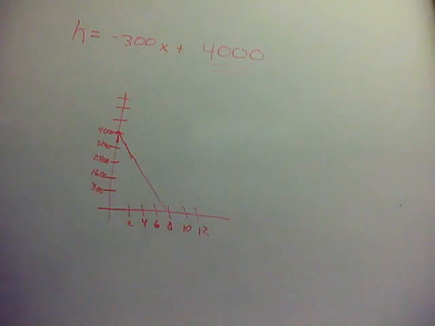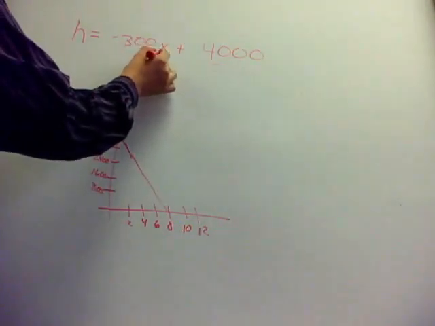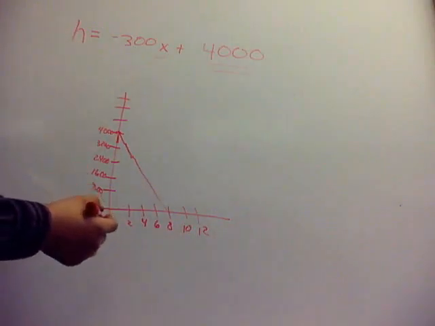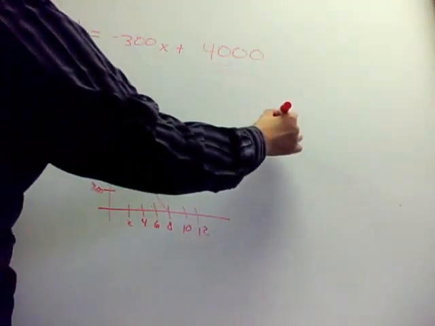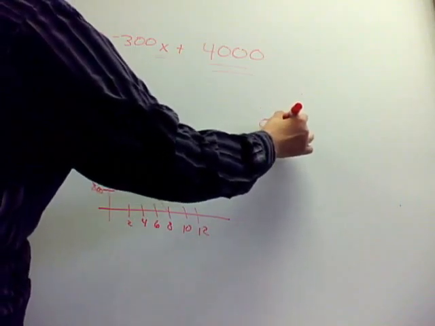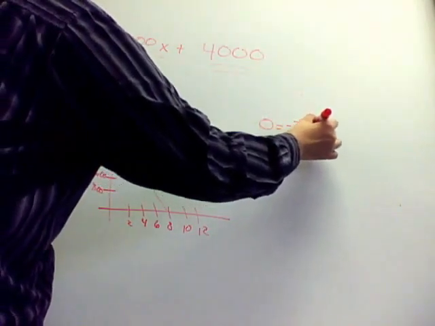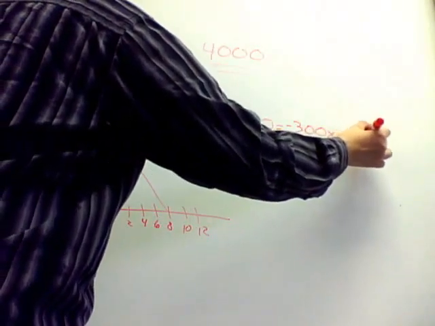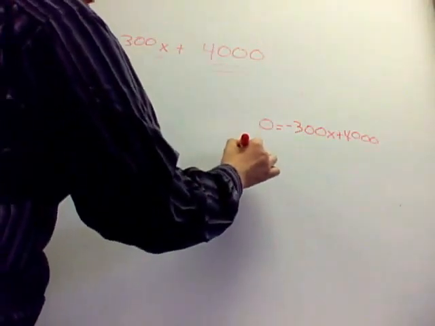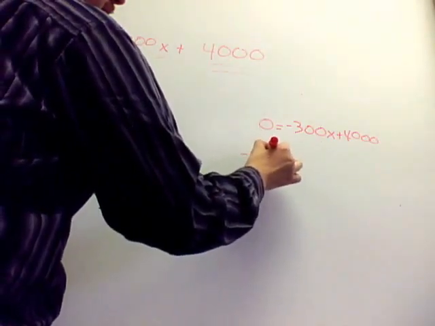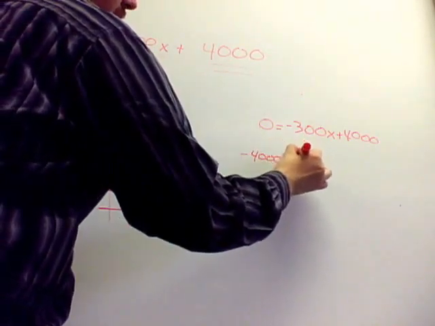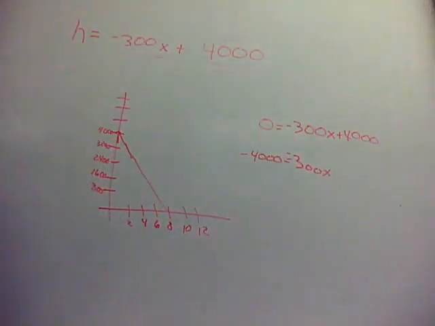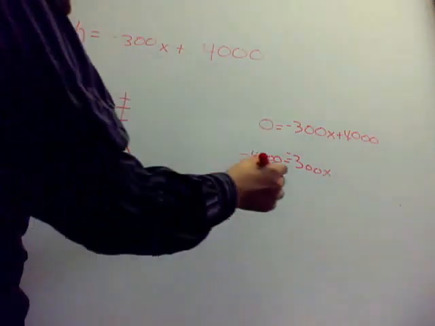We're trying to figure out how much time, which is x, it'll take for the height to equal 0, so pretty much how long it's going to take to land. Let's do this over here. We'll make the height equal 0, so 0 equals negative 300x plus 4,000. I'm going to subtract 4,000 from each side: negative 4,000 equals negative 300x.